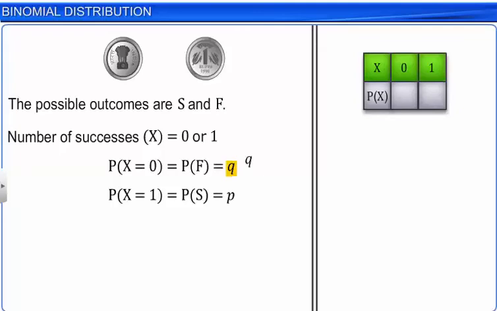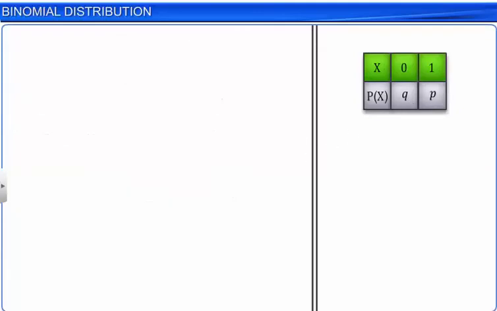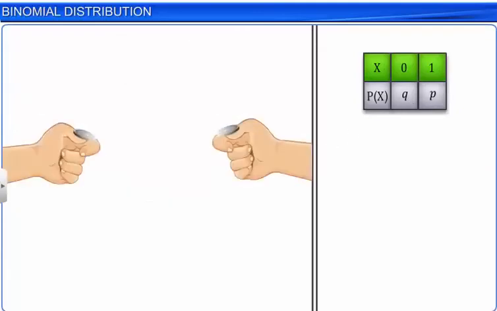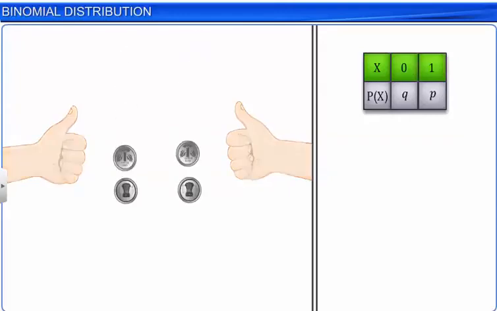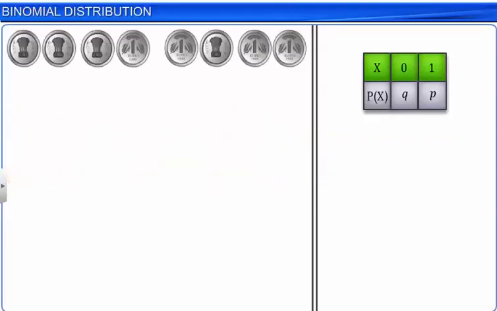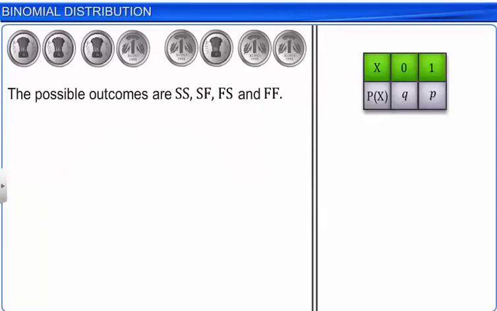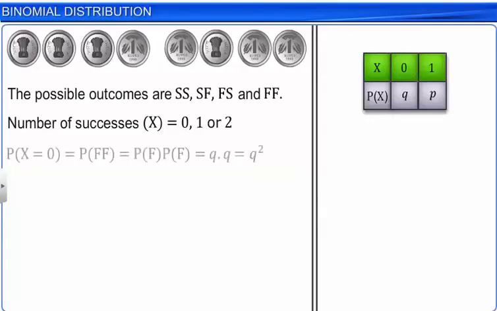Next, let the coin be tossed twice. In this case, the possible outcomes are SS, SF, FS, and FF. Here the number of successes is 0, 1, or 2. Therefore, the probability that X can take the value 0 is the probability of the occurrence of FF, which is Q squared.